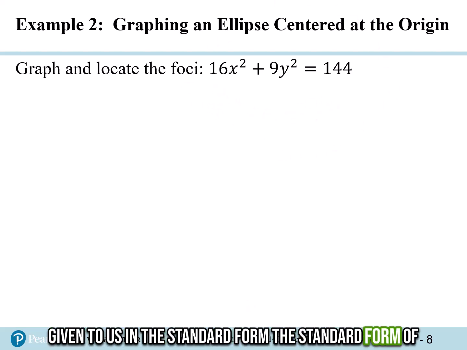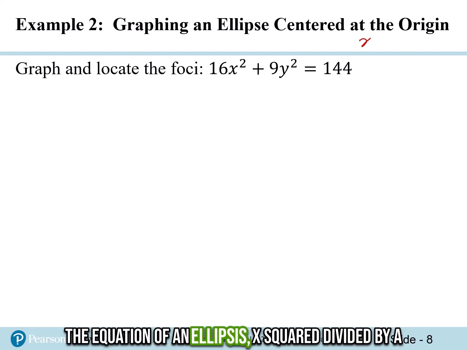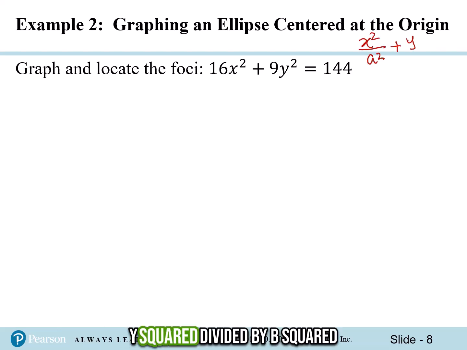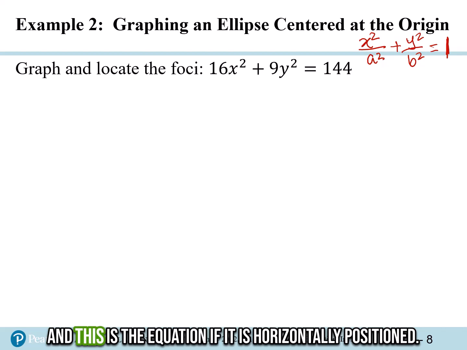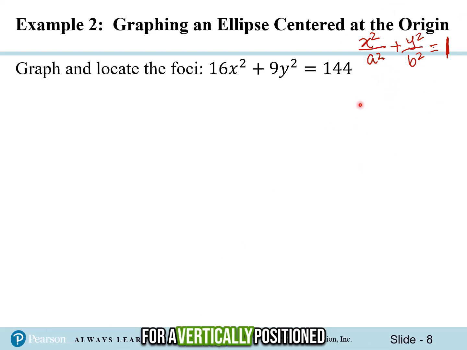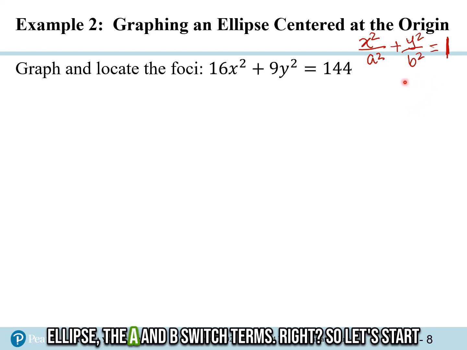The standard form of the equation of an ellipse is x squared divided by a squared plus y squared divided by b squared equals 1. The right-hand side is always equal to 1. And this is the equation if it is horizontally positioned. For a vertically positioned ellipse, the a and b switch terms, right?